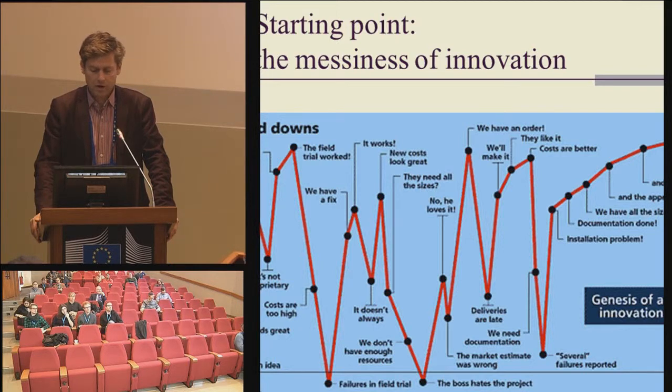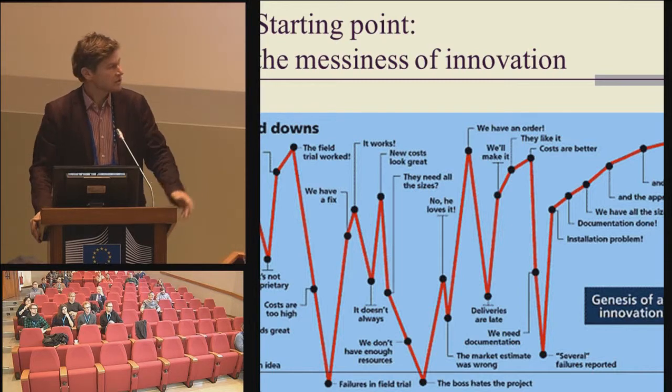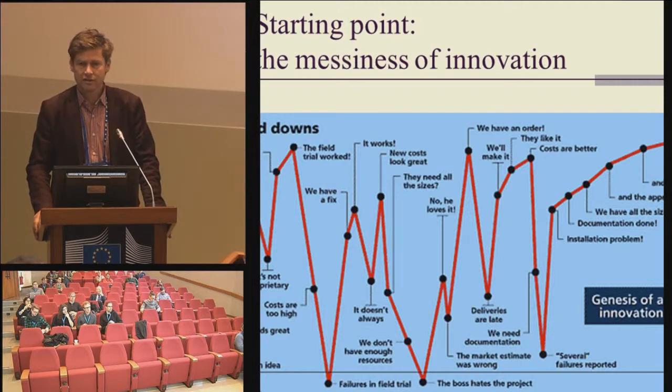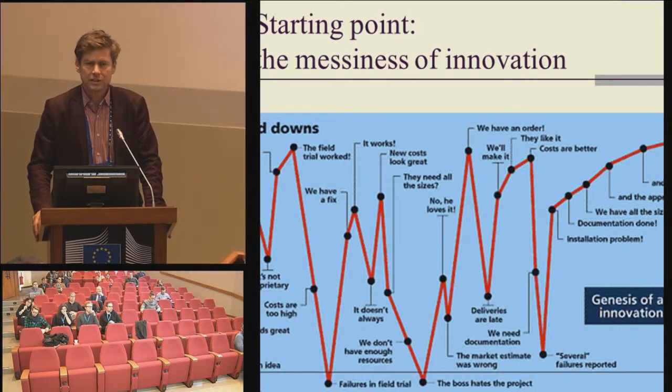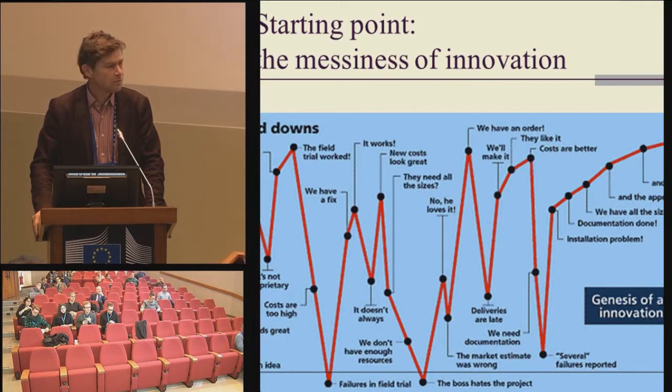This is a picture from The Economist, really love that journal, which shows, as it says, the genesis of an innovation, so how innovations come about. What is clearly visible are the ups and downs, where it starts with some ideas, some problems.